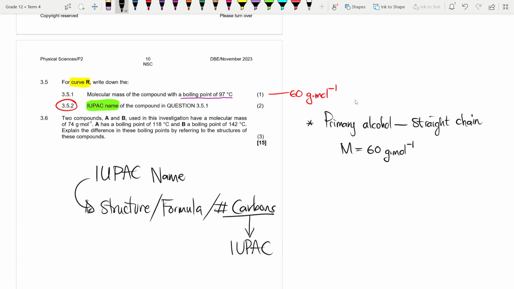Then what I'm looking for is basically the number of carbons. That's what I'm thinking in my head when I look at this. And if I can find that, then I can work out what the name is. So the first thing I want to do is to figure out what kind of molar mass or what kind of molecule represents a primary alcohol. And for that, you have to go back to the general formula for primary alcohols. And to see the general equation of any homologous series, you just have to draw it out.